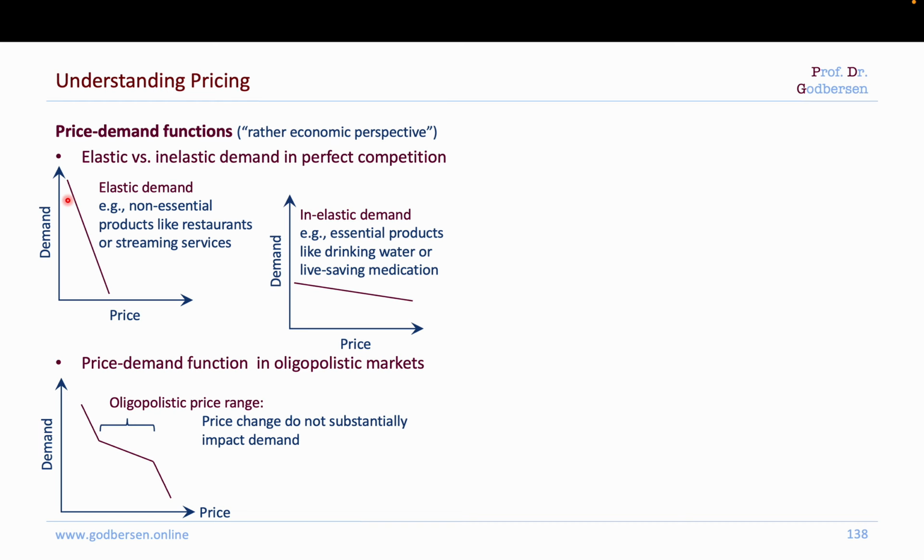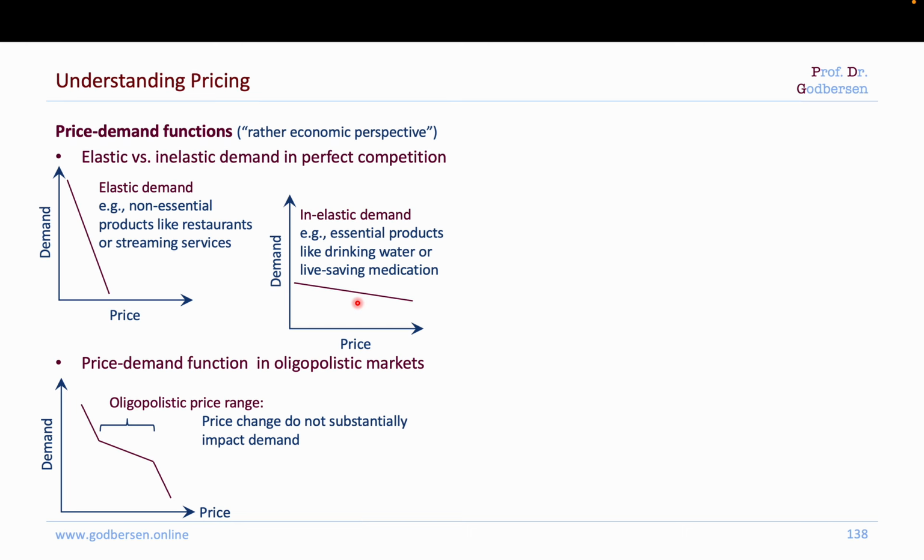But we might have an inelastic demand. That means price changes do not have a massive impact on the demand, on the buying behavior. These are essential products: drinking water, life-saving medication. So if you have diabetes, you need your insulin. It doesn't matter what the price is, otherwise you would not survive.